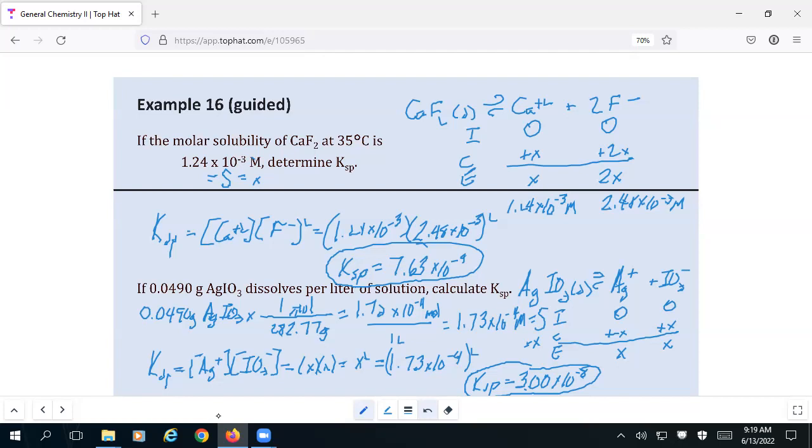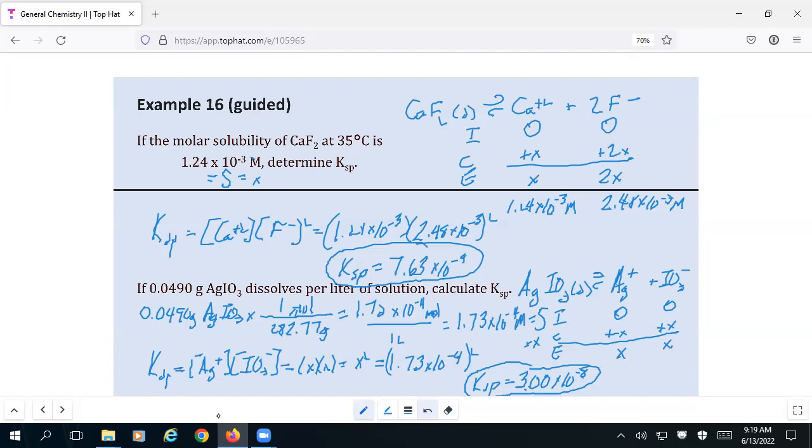Now, one important secondary note that I want to make off of this. I can look at the Ksp values, and based solely on the Ksp values, I would come to the thought that the silver iodate was more soluble than the calcium fluoride. After all, its Ksp value is smaller.